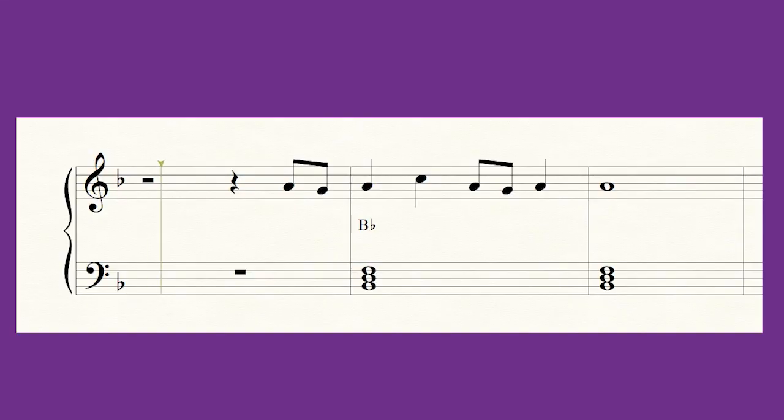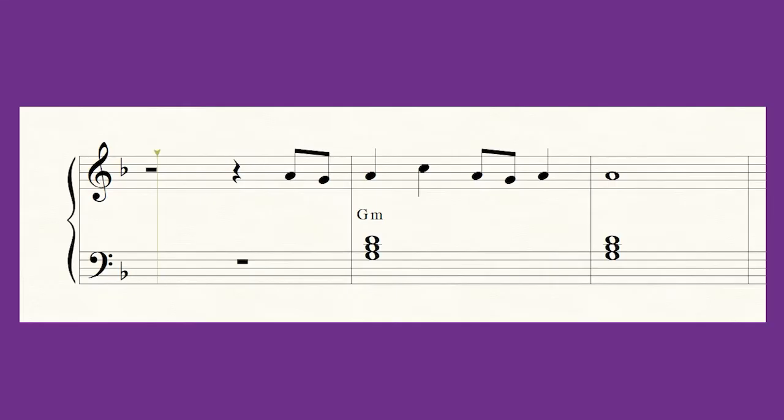If you don't like any of those and you want a more colorful sound, start with something like B flat major, where A is the seventh of that chord: B flat, D, F, A. There we go. That's another one you could do. You could try G minor: G, B flat, D. There, the A note is going to be the ninth of that chord, so it'll have a different, more colorful sound.